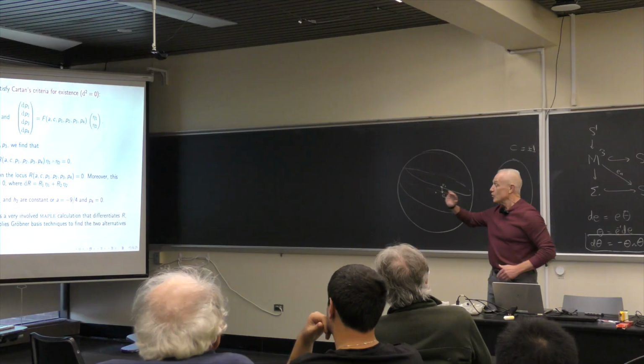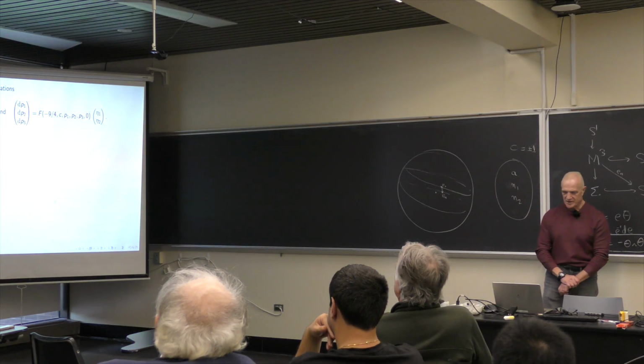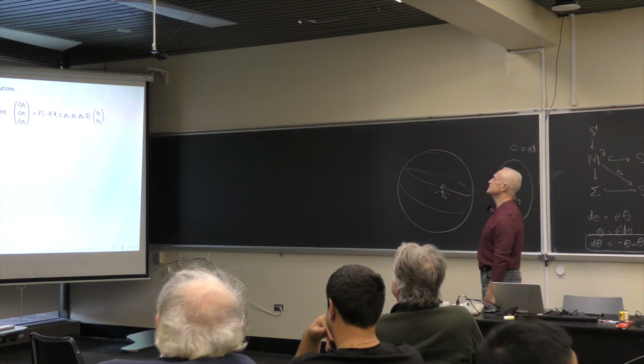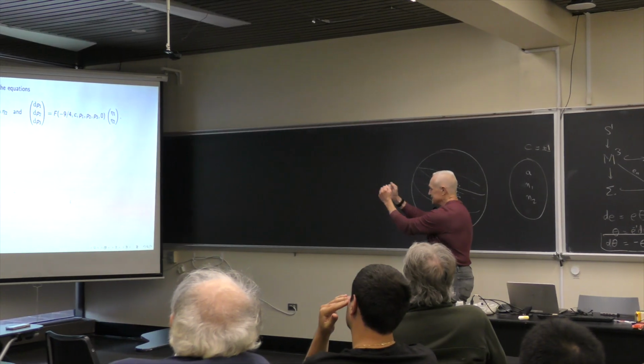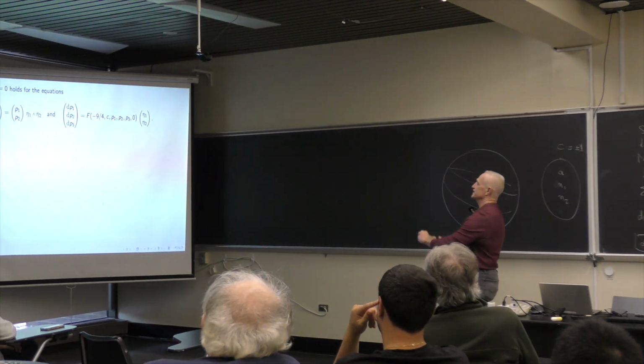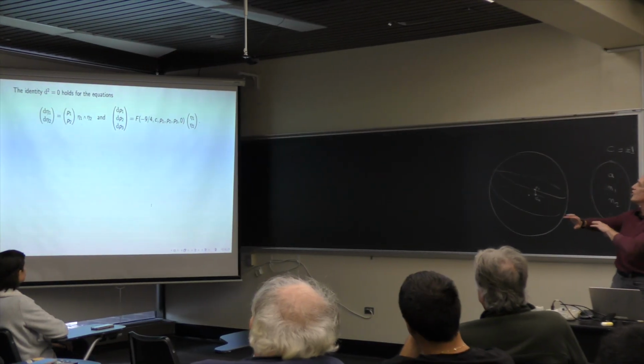But anyway, once you get this proposition, and I realize I'm going to run out of time if I'm not careful, it turns out that d squared is 0 holds identically for this system. I've gotten rid of P4, I've set A to be minus 9/4, and now this thing satisfies d squared is 0.